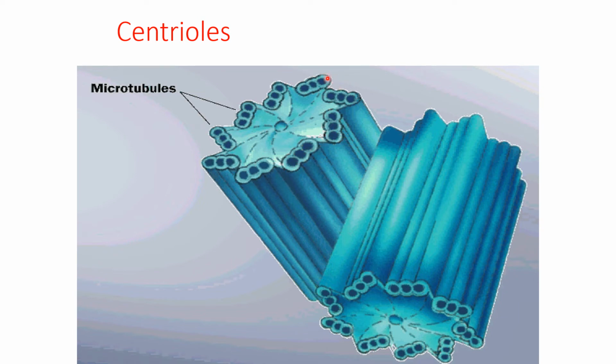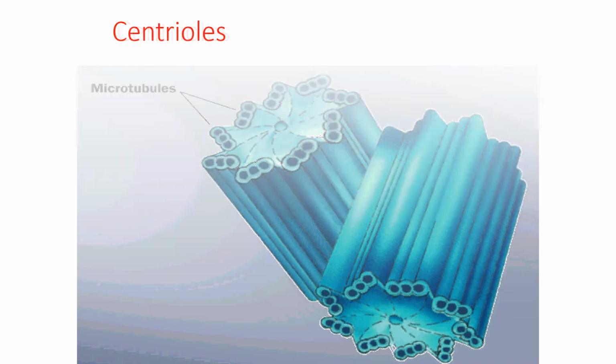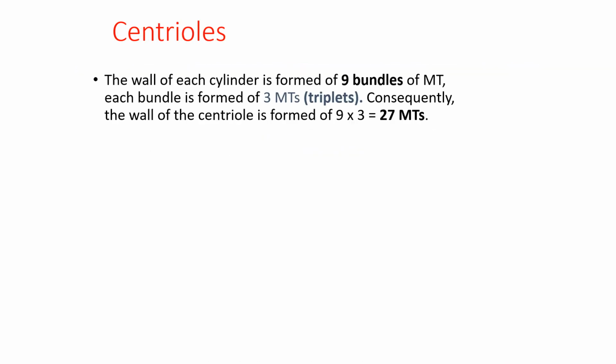If we count these triplets, we are going to find that they are 9 triplets. The wall of the cylinder is formed of 9 bundles of microtubules, and each bundle is formed of 3 microtubules, known as triplets. If we multiply 9 by 3, one centriole is formed of 27 microtubules.